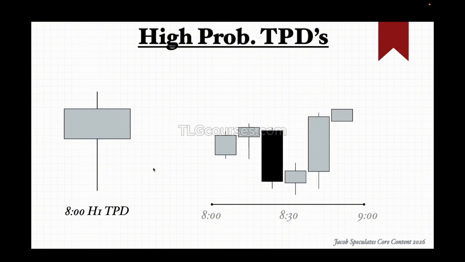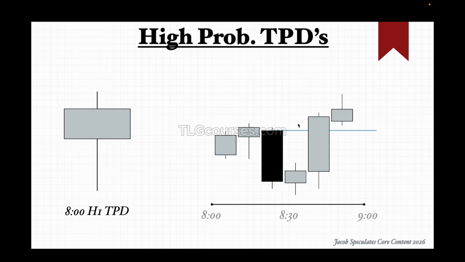Generally, a high probability TPD will have this same characteristic right here. And that characteristic is a change in the state of delivery, particularly within the second half of the candle. Here we have the opening, price trades higher, price drops lower, and then 8:30 comes about, which marks the second half of the 8 o'clock 1-hour TPD.